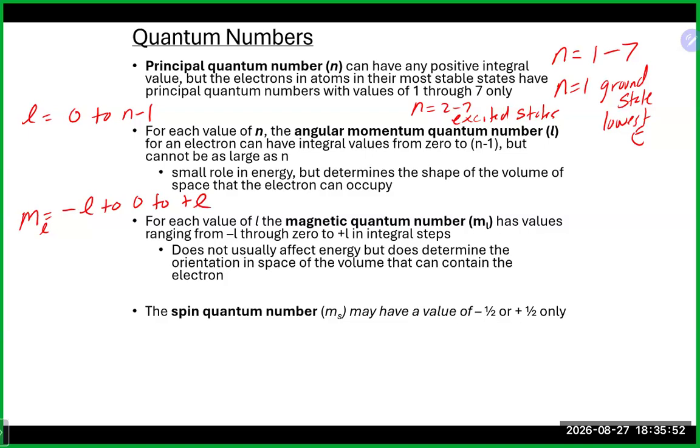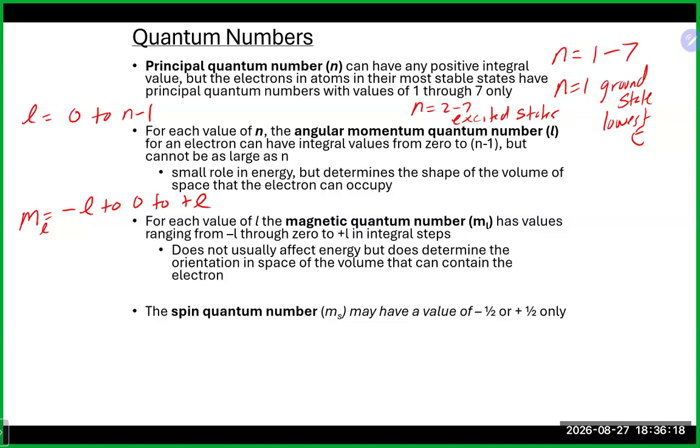What does that tell you? It tells you the 3-dimensional orientation of those orbitals in space. But you can also think about it like this: it tells you how many individual orbitals there are. So how many s orbitals, how many p orbitals, how many d orbitals, or how many f orbitals there are on an energy level.